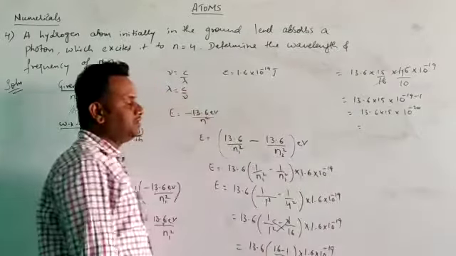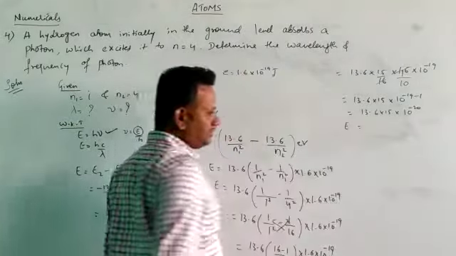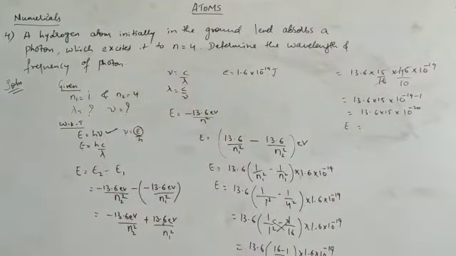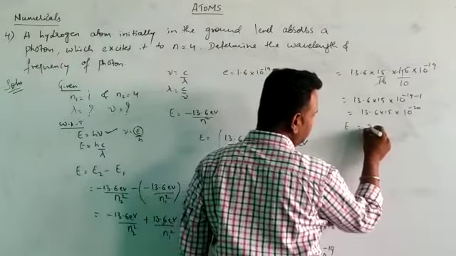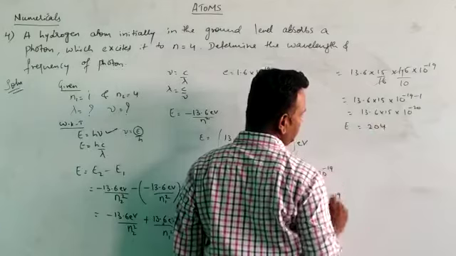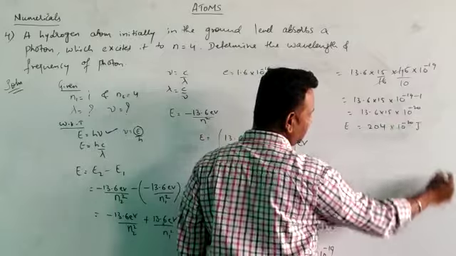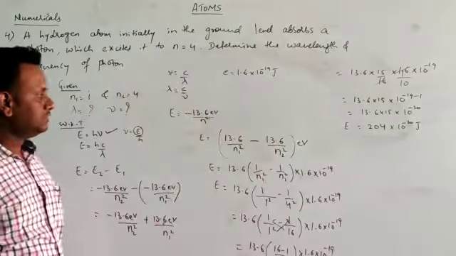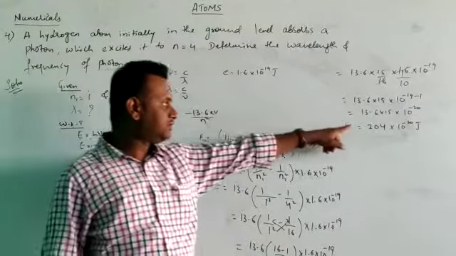So 13.6 into 15 you have to multiply. See how much we will get here: 204 into 10 to the power of minus 20 joule. So this is the energy you are getting. Please check the answer once again.